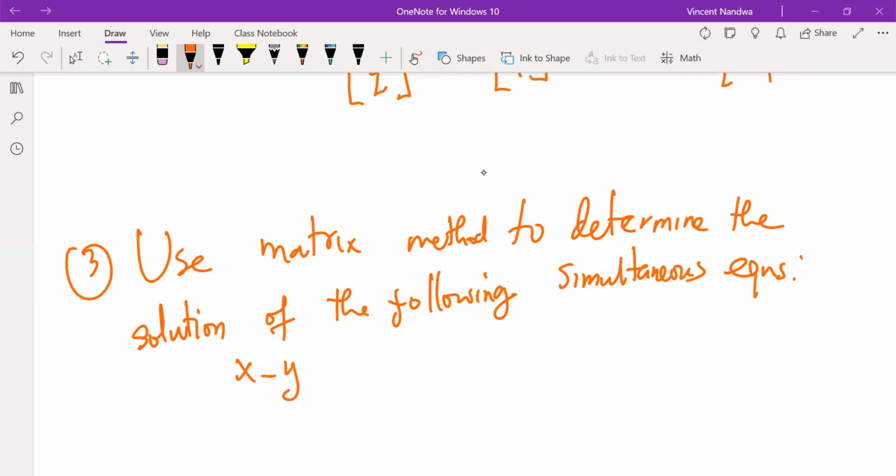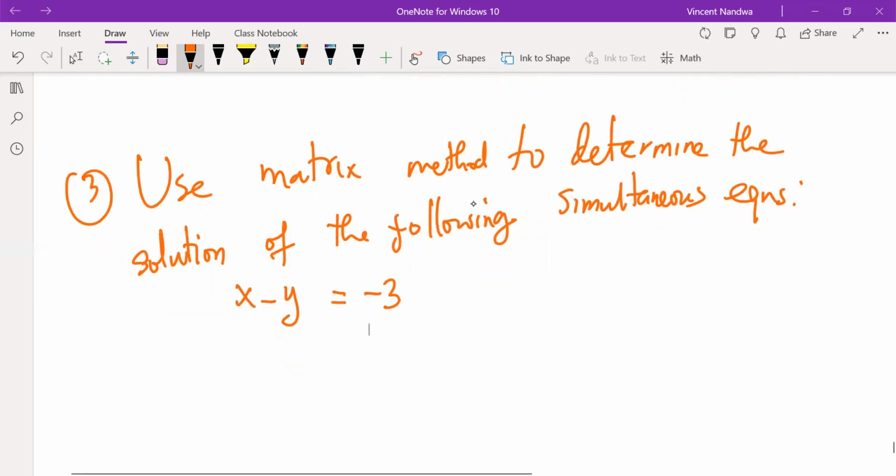So x minus y equals minus 3, 3x plus 9 equals 3y.